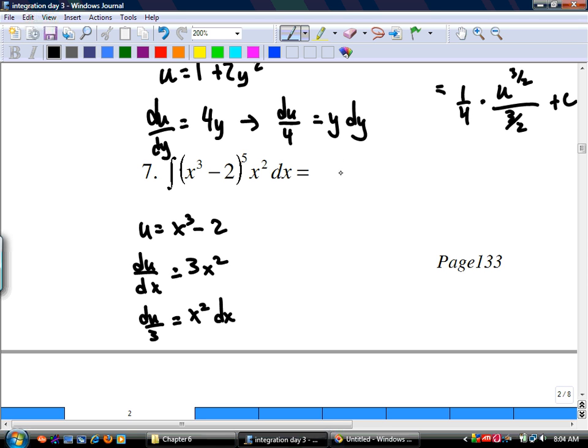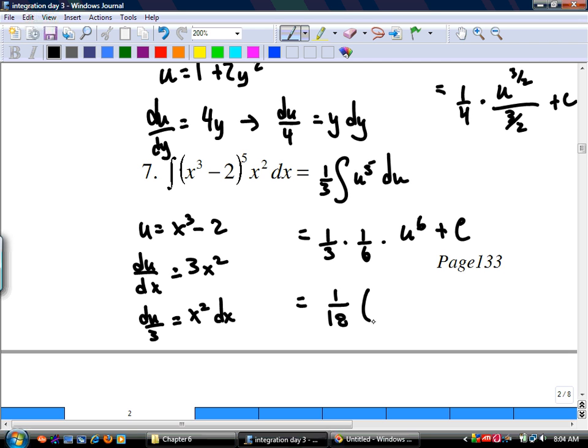So it becomes 1 over 3 u to the 5th du, 1 over 3 times 1 over 6 times u to the 6 plus c, 1 over 18 times x cubed minus 2 to the 6th power.